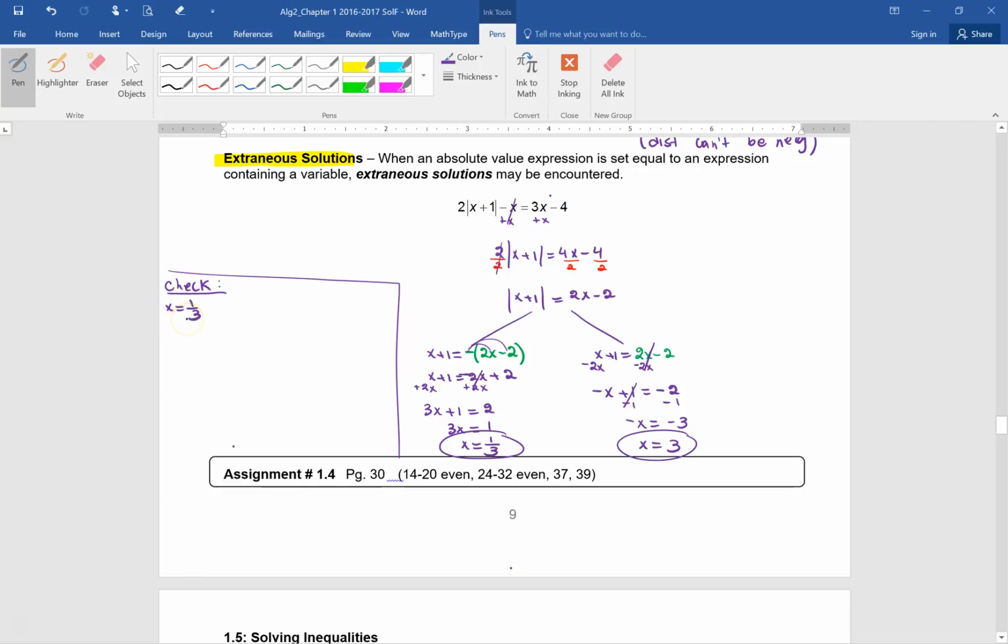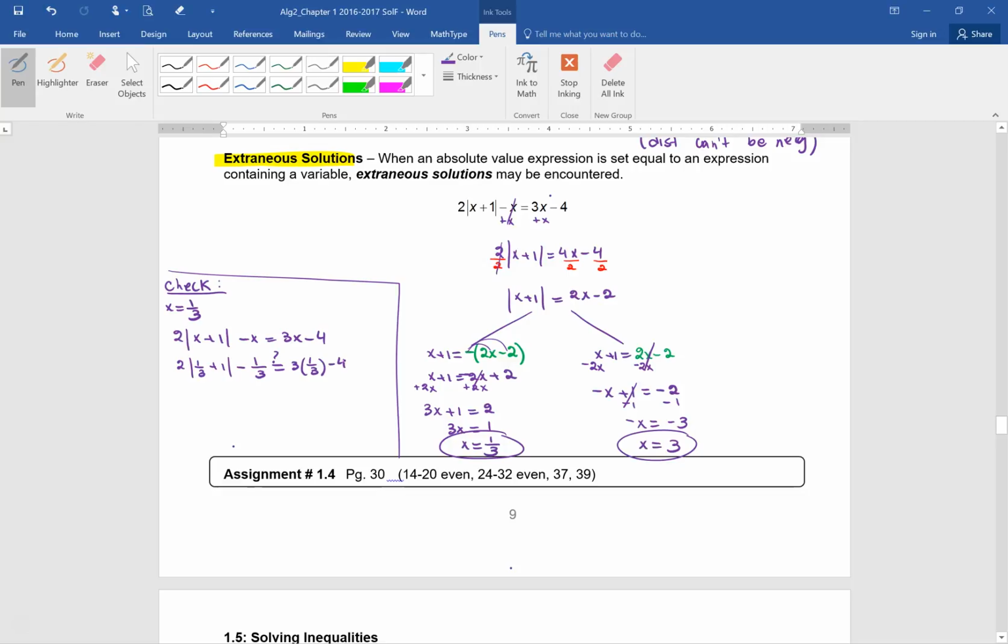You go back to the original equation. 2 times the absolute value of x plus 1, minus x, is equal to 3x minus 4. And we want to check that that's going to work out. So let's see. 2 times 1/3 plus 1, minus 1/3. Is this equal to 3 times 1/3 minus 4?